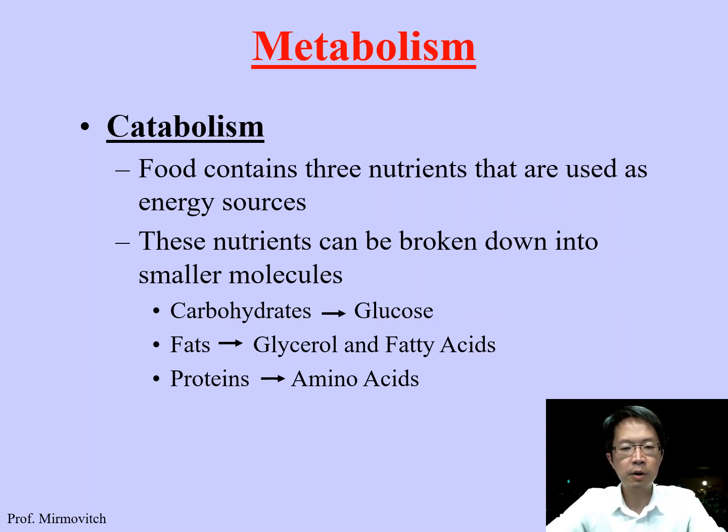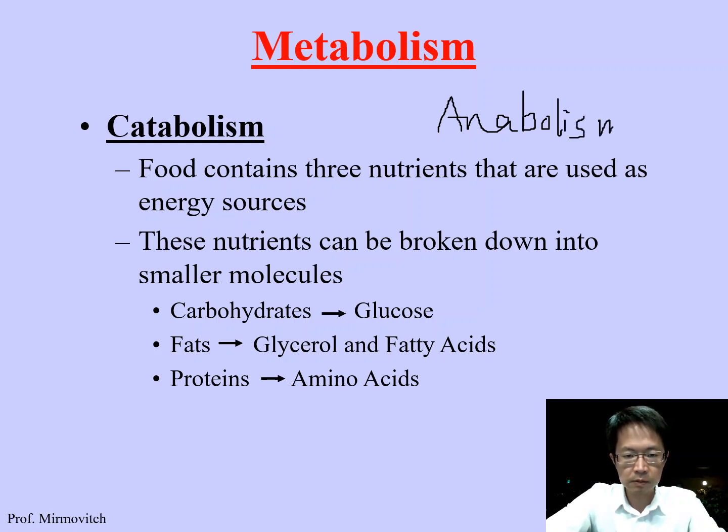Metabolism. What is metabolism? Metabolism is basically the sum of all chemical reactions in the body. But some of the reactions are called catabolism, and some of the reactions are called anabolism. Catabolism is basically breaking down.